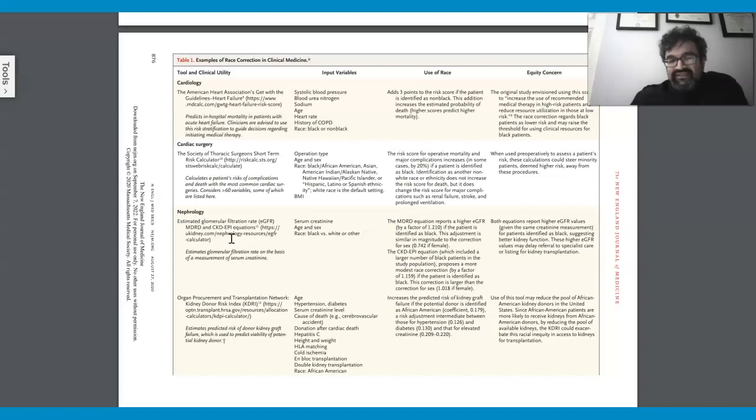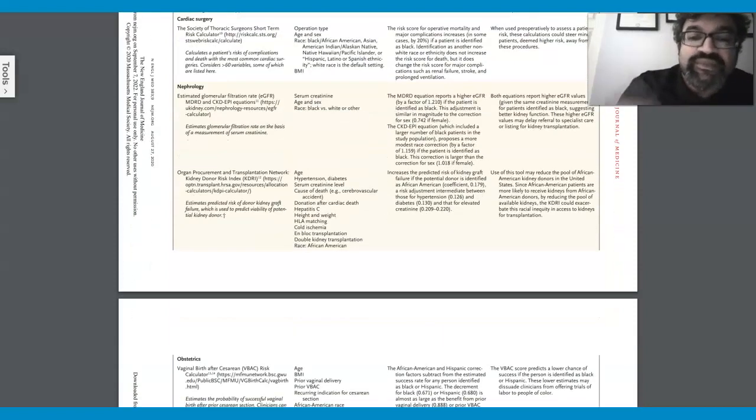So this has the potential to be addressed, and one way to do this is to look at multiple types of equations and see which one performs better with the race correction and without.